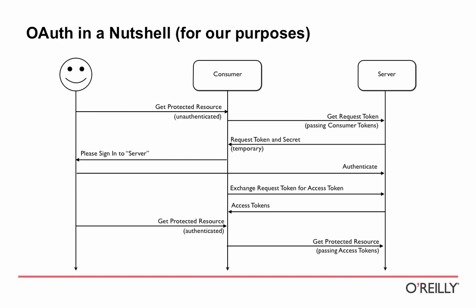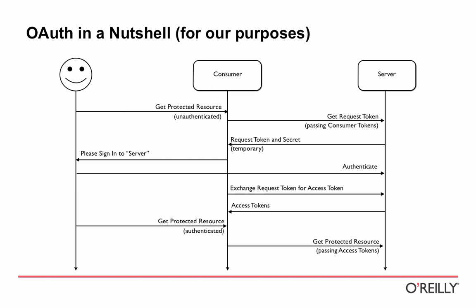So here are some temporary request tokens that you can use to make sure that I can figure out what user and what app I'll need to authenticate for. So the server passes back these request tokens, and the consumer keeps those around, and then says to the user, well, before you can do that, you need to sign in to this service.